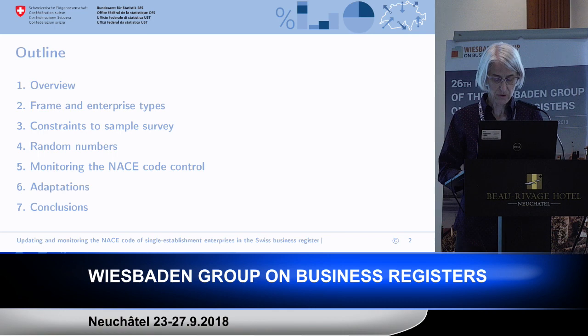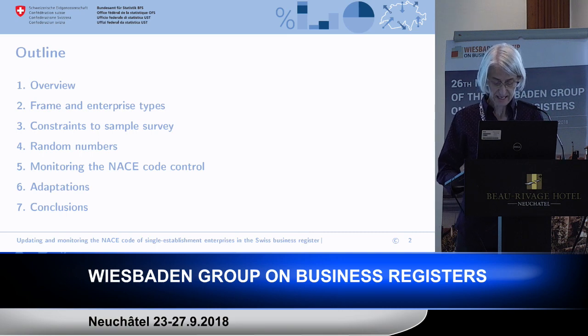First, I will give you an overview of the different steps. I will describe in chapter 2 the frame and herein 3 enterprise types. One of them is the single establishment enterprises, where the NACE code is updated by a quarterly sample survey with some constraints, chapter 3.